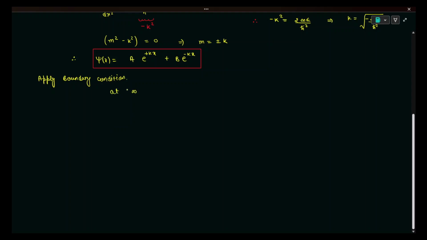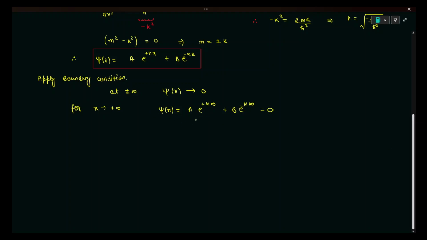At both infinities, that is plus minus infinity, this wave function should vanish. What could be the possible value for x tending to plus infinity? This psi of x should be 0. So A e raised to power plus k infinity plus B e raised to power minus k infinity should be 0.